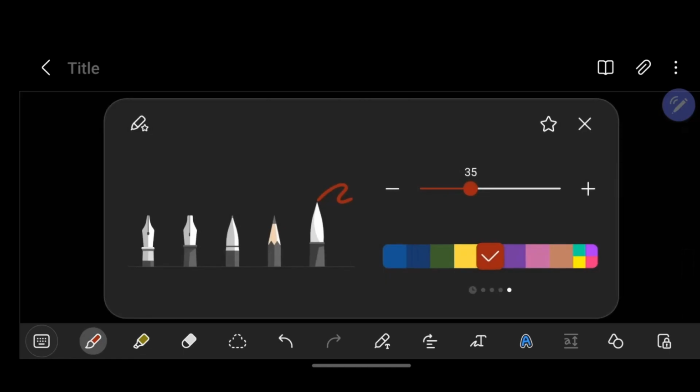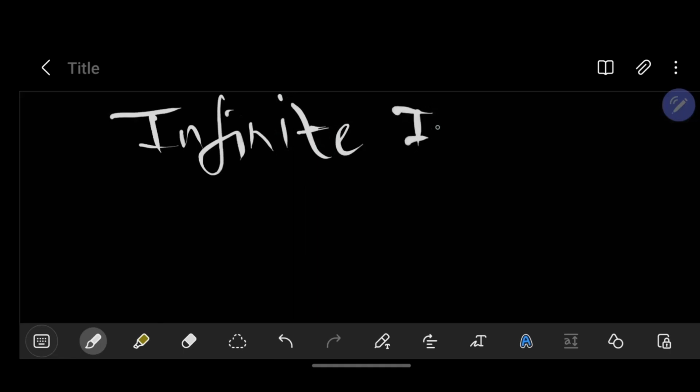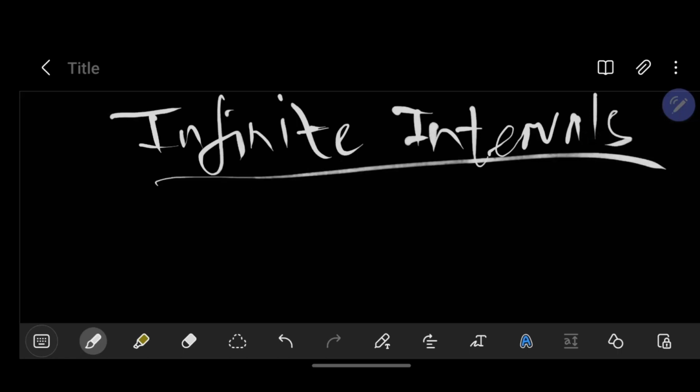I'm going to move on to the next part, where I want to show you infinite intervals. As the name suggests, we want to look at numbers on the number line going to negative or positive infinity. In infinite intervals, you just have two types.